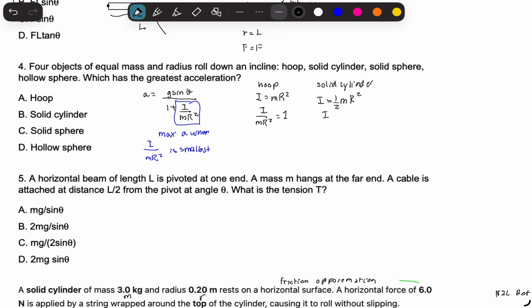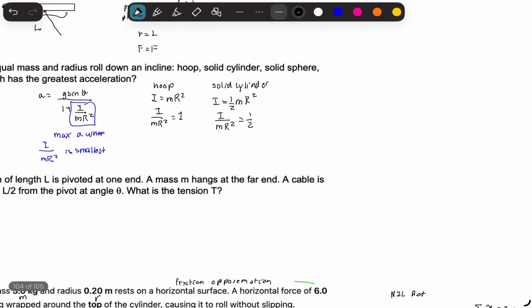So that's I over mr squared is equal to 1/2. What about for a solid sphere? We know that its I is equal to 2 over 5 mr squared. So you have 2 over 5 mr squared over mr squared.